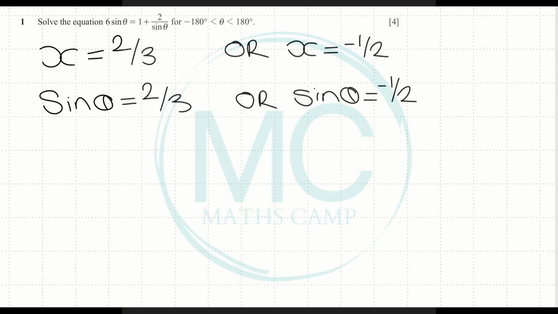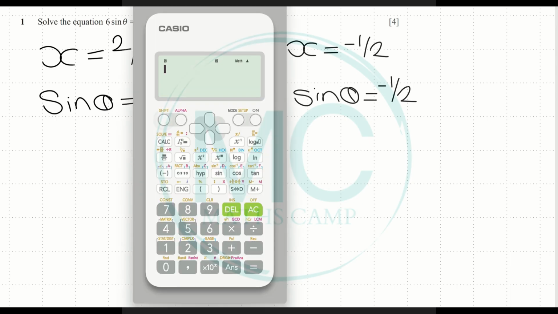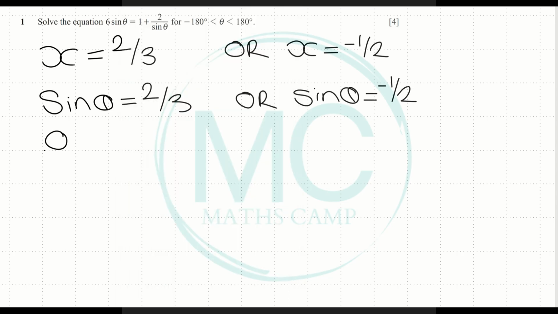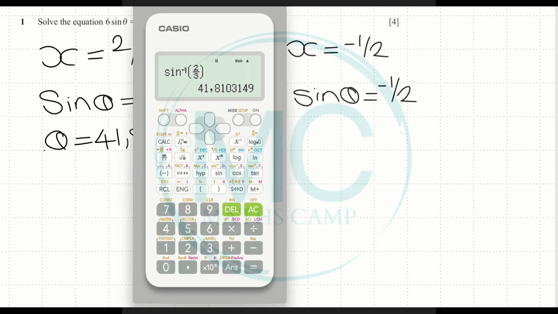Now you can take your calculator, and we say shift sine 2 over 3, close the bracket, is equal to 41.81 degrees. This is our value for theta, 41.81 degrees. Now let's find theta when sine theta is negative 1 over 2.